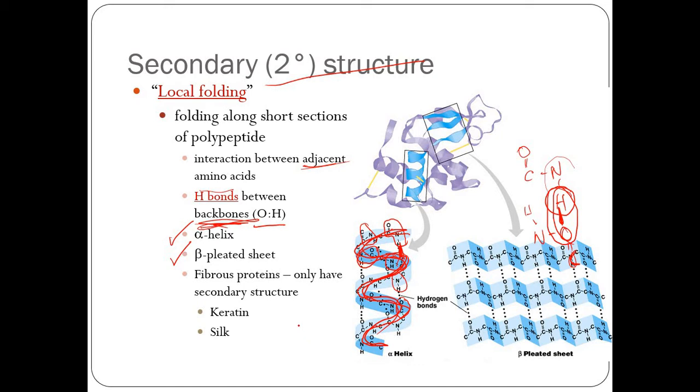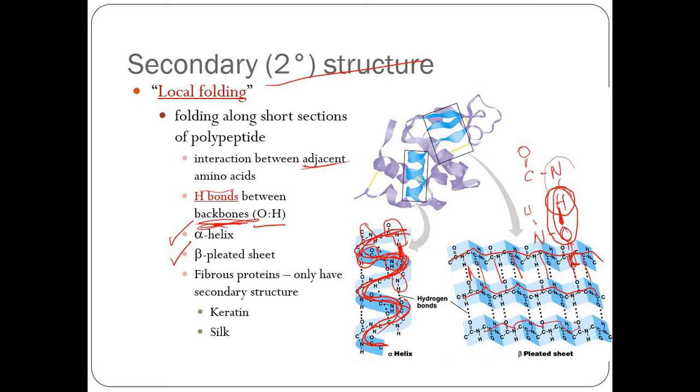Another structure that forms due to the H bonding of the backbones, this is still a secondary structure, is called a beta pleated sheet. So this H bonding, this is another polypeptide here. Because of this H bonding, it could form like a sheet.